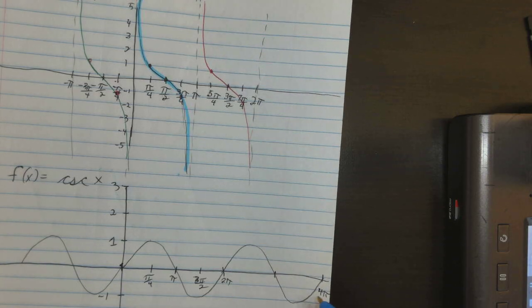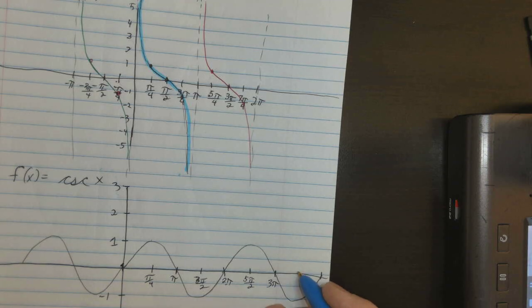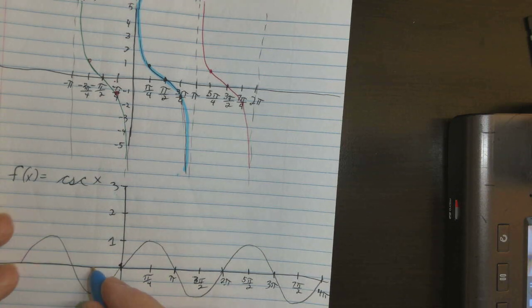Halfway between 4 pi and 2 pi is 3 pi. Halfway between there, that's 4 pi over 2 and 6 pi over 2. That's 5 pi over 2. And 6 pi and 8 pi, that's 7 pi over 2.